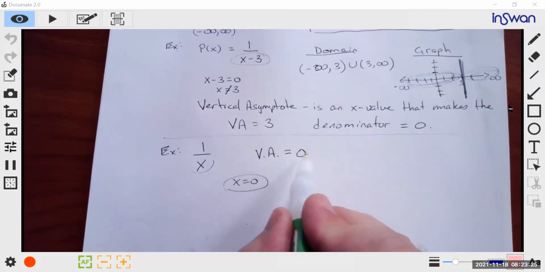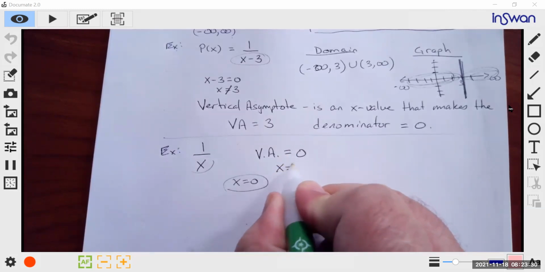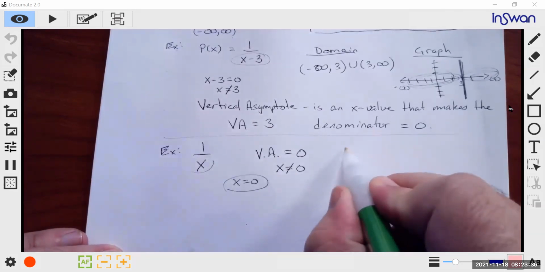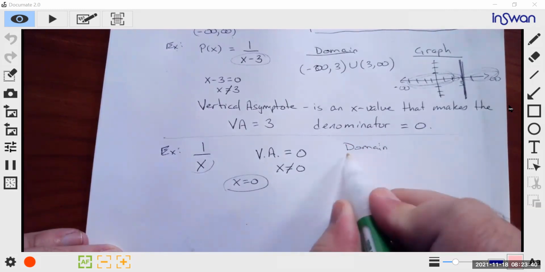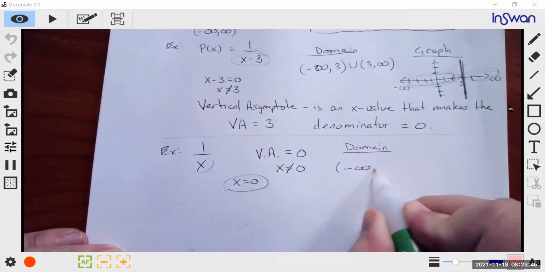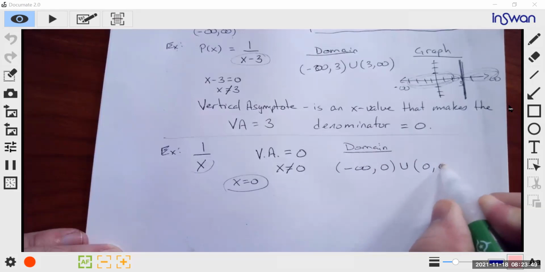So the vertical asymptote is 0, which means we cannot use the x value of 0. So our domain is negative infinity to 0, and from 0 to positive infinity.